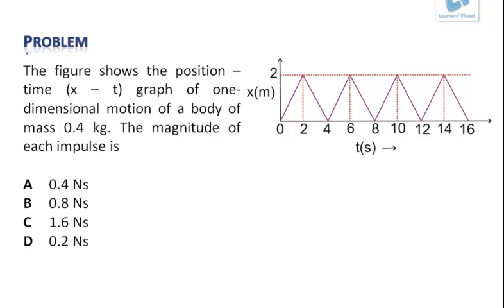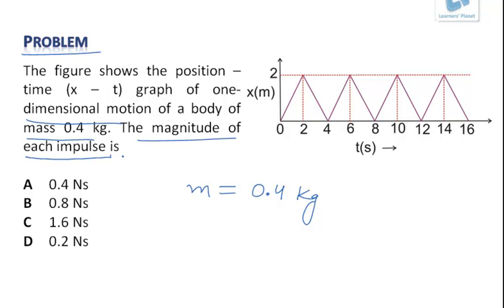Now let us look at the next problem. The figure shows the position time graph, that is x-t graph, of one-dimensional motion of a body of mass 0.4 kg. So mass is given to you and x-t graph is given to you. We have to find out the magnitude of each impulse.